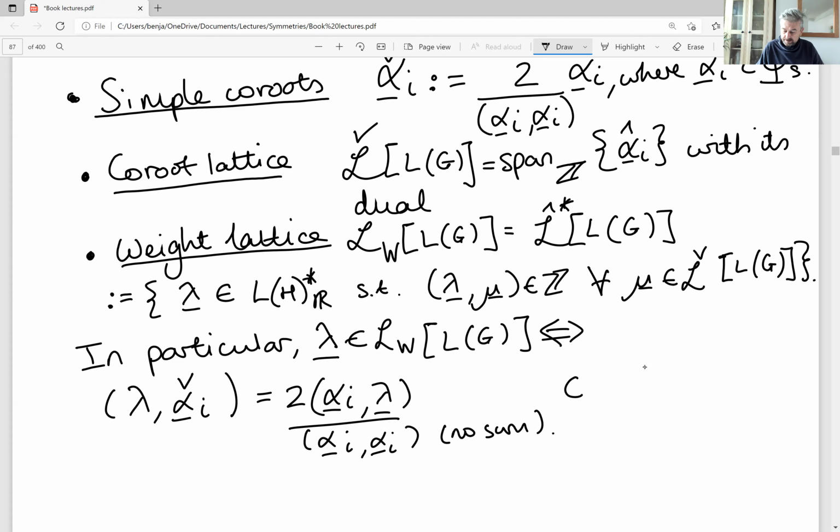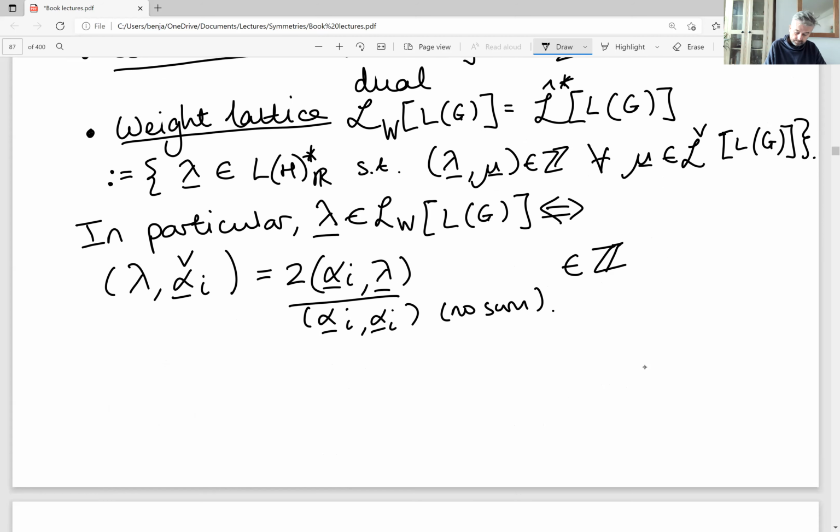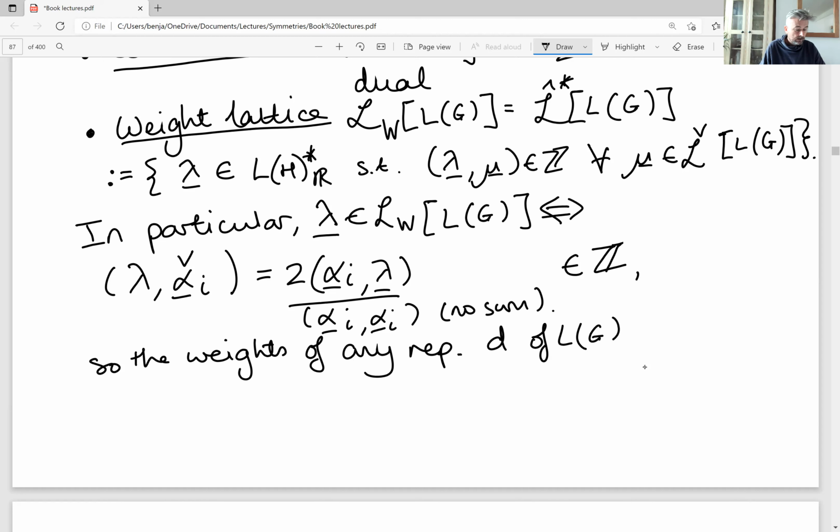We showed in the last lecture that this is an integer from our knowledge of representations of the SU(2) Lie algebra. So the weights of any representation D of the Lie algebra lie in the weight lattice of the Lie algebra.